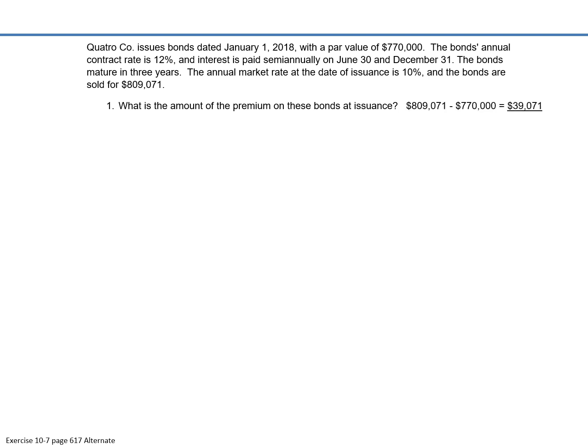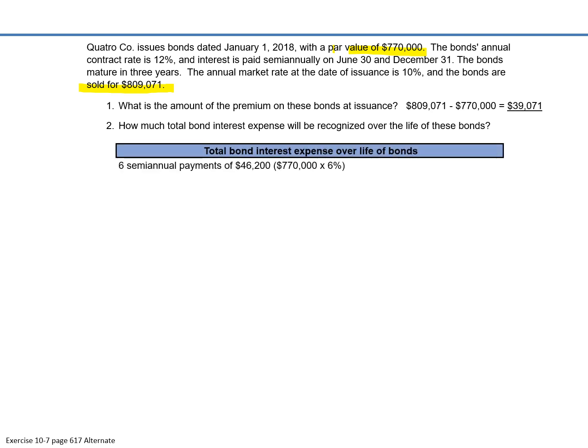All right, so our price is $809,071, which is what it's sold for, less our par value of $770,000 for a total premium of $39,071. How much total bond interest expense will be recognized over the life of the bond? Well, we've got $770,000 par value times half of our contract rate, 6%, that's 6 semi-annual payments of $46,200.